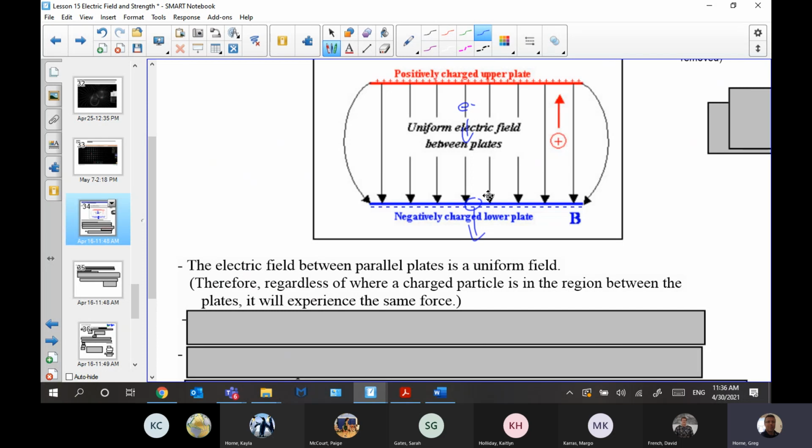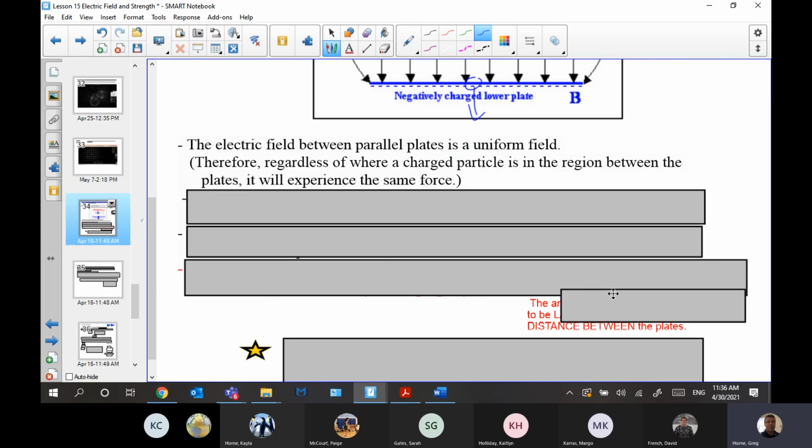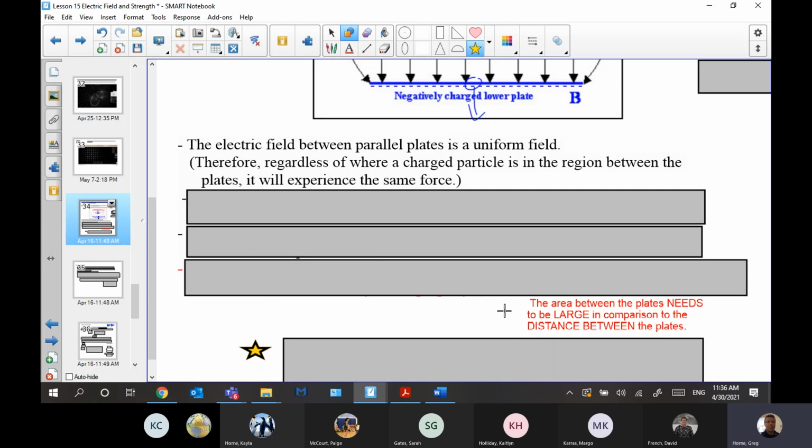It allows for some pretty easy calculations later on. So it's uniform. Basically, I need to say along the way, by the way, the area between the plates needs to be large in comparison to the distance between them.